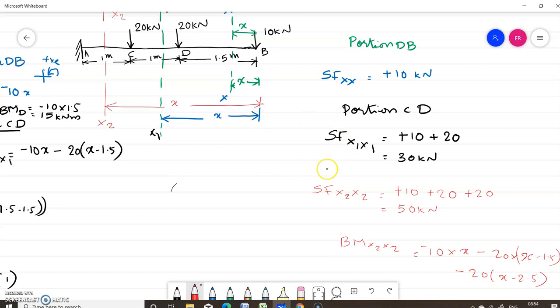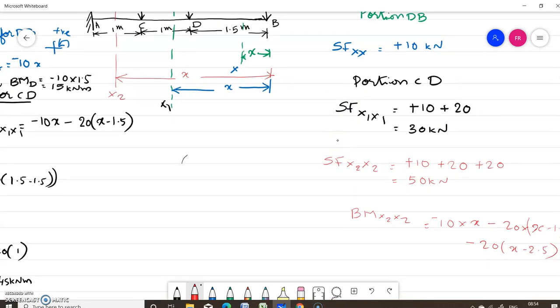We can find the value at the fixed support by substituting x equal to 3.5 meter. So we'll get this value as minus 95 kilonewton meter. So now you can draw the shear force and bending moment diagrams using these values.